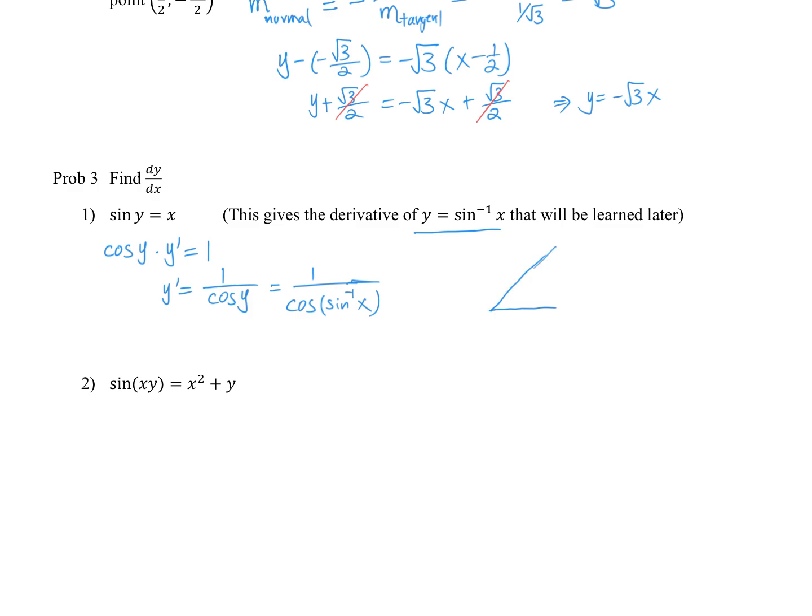draw a right triangle. So I'm going to draw a generic right triangle. And here, y is sine inverse of x, which means sine y is equal to x, right? And you should treat this y as an angle. So I'm going to just call this y, okay? And this is saying sine of y is equal to x. And sine of y is, in this case, equal to opposite over hypotenuse, right?